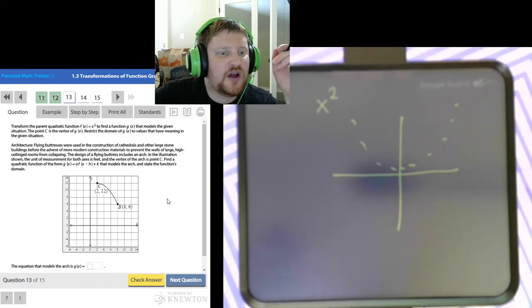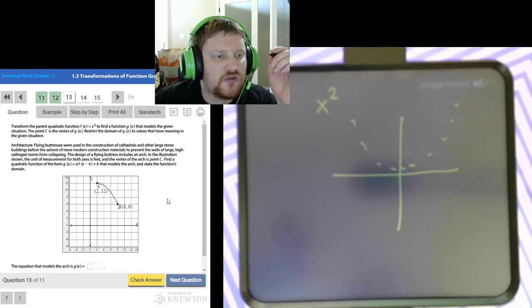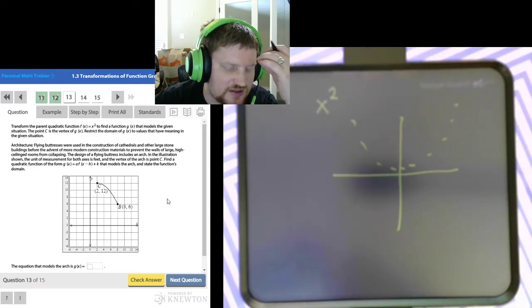The design of a flying buttress includes an arch. In the illustration shown, the unit of measurement for both axes is feet, and the vertex of the arch is point C. Find a quadratic function in the form g of x equals a f of x minus h plus k that models the arch, and state the function's domain.